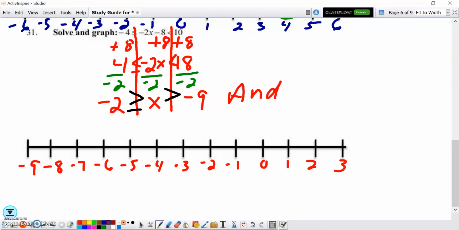So open dot on the -9, solid dot on the -2. Okay, now it says x is bigger than -9 and x is smaller than or equal to -2. So again, it's an and situation. We should connect the two dots.